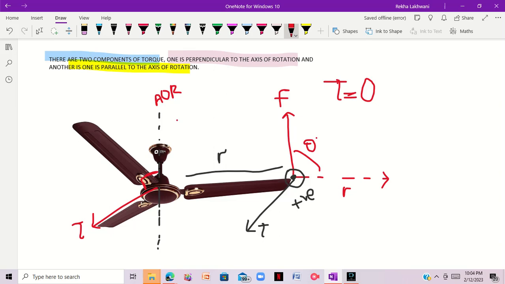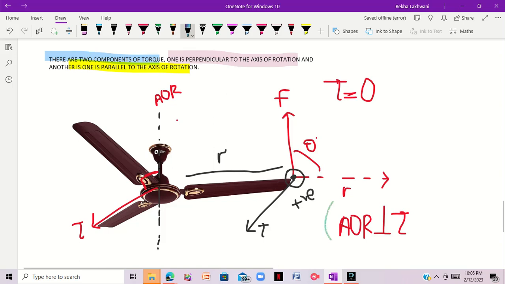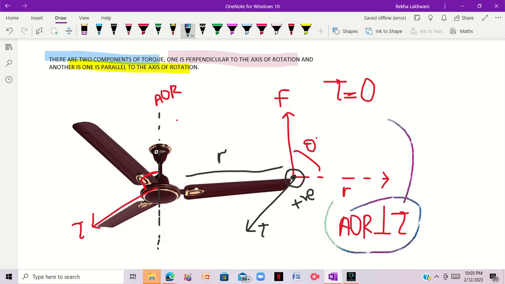But when the axis of rotation is perpendicular to the torque, the torque will be equal to 0, right? So here the one which is perpendicular to the axis of rotation is proven. Now let's prove the one which is parallel to the axis of rotation.